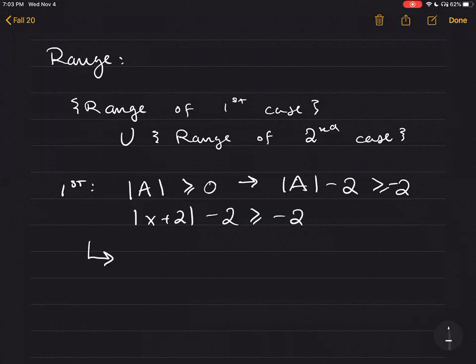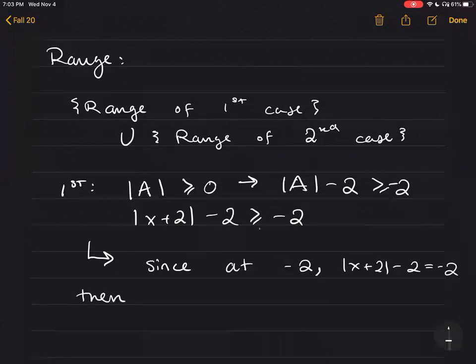So this right here is not quite the range of the first case. There is something to be said real quick. Since at x = -2, |x + 2| - 2 is equal to -2, it really does reach the equals case here.